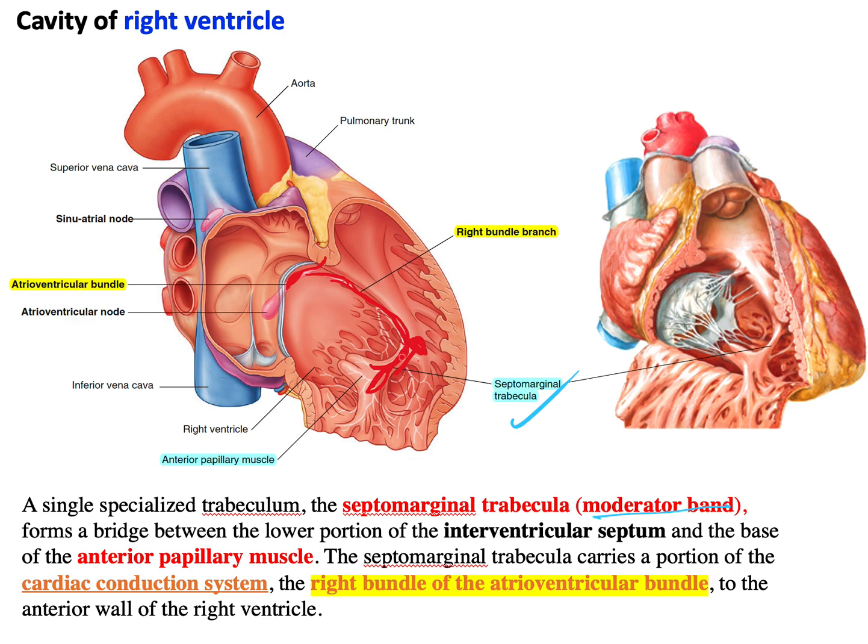And the bridge is the moderator band. Okay, so it's important, isn't it? Again, here's another view. You'll see that the fibers, the cardiac conduction system, the right bundle, I would say, pass through it.